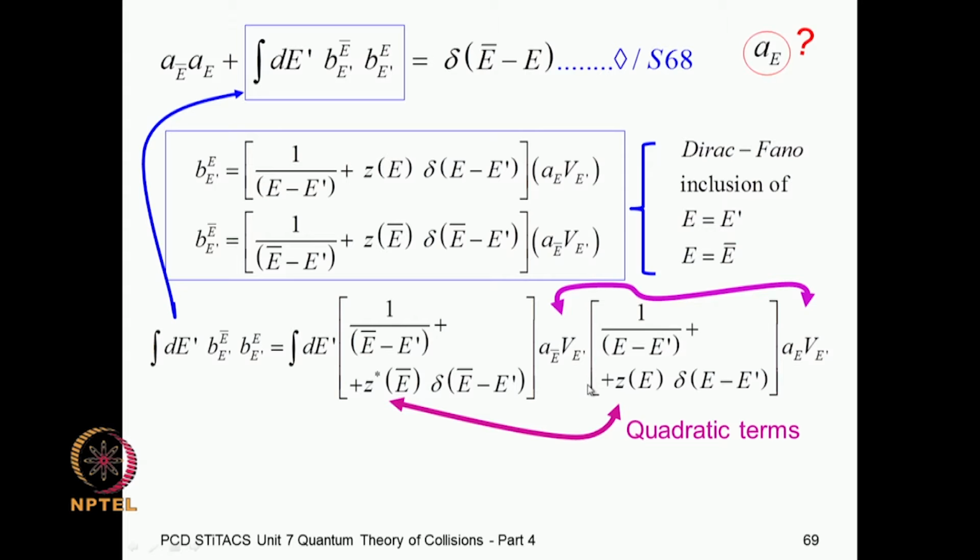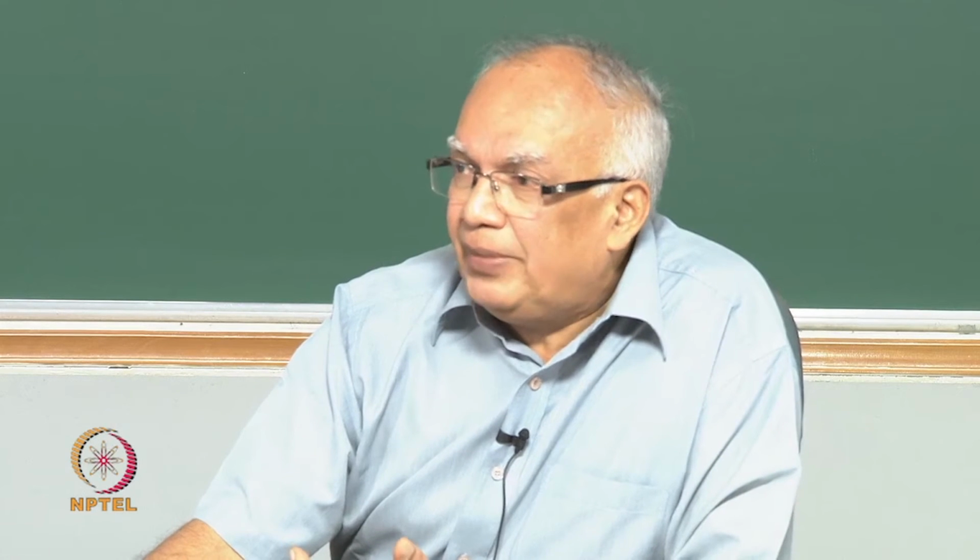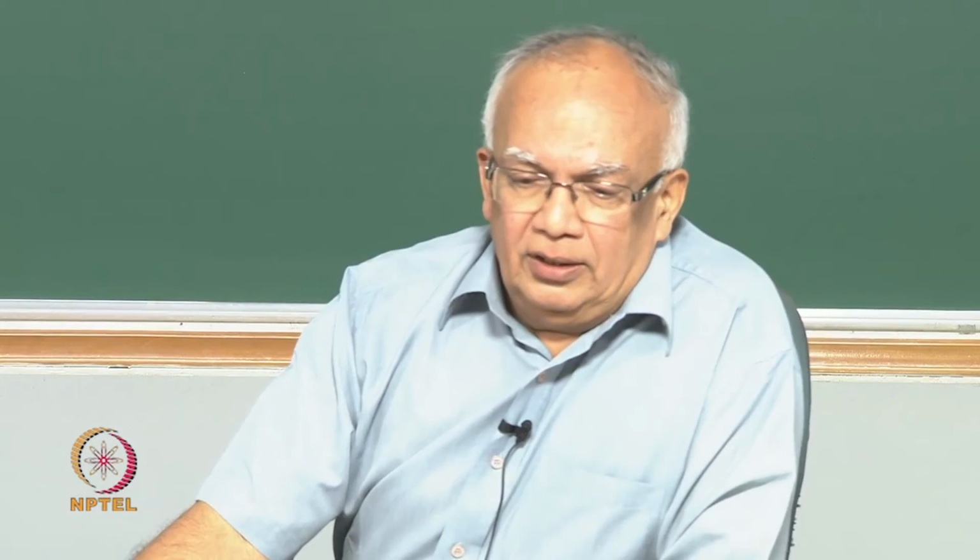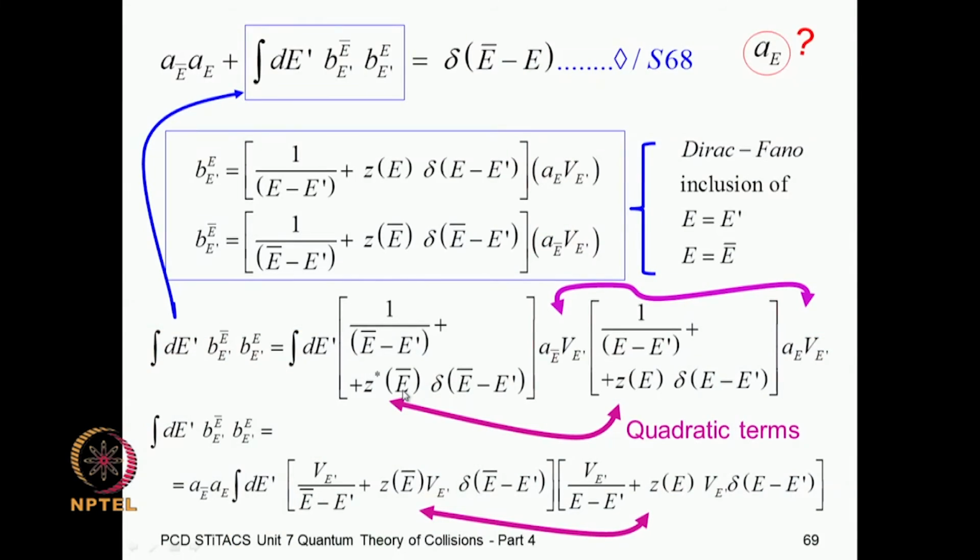Remember that you will get quadratic terms when you multiply. You will get a z over here and another z over here. You have a v over here and another v over here. So, you will get quadratic terms in z and v. Let us write all of these terms.